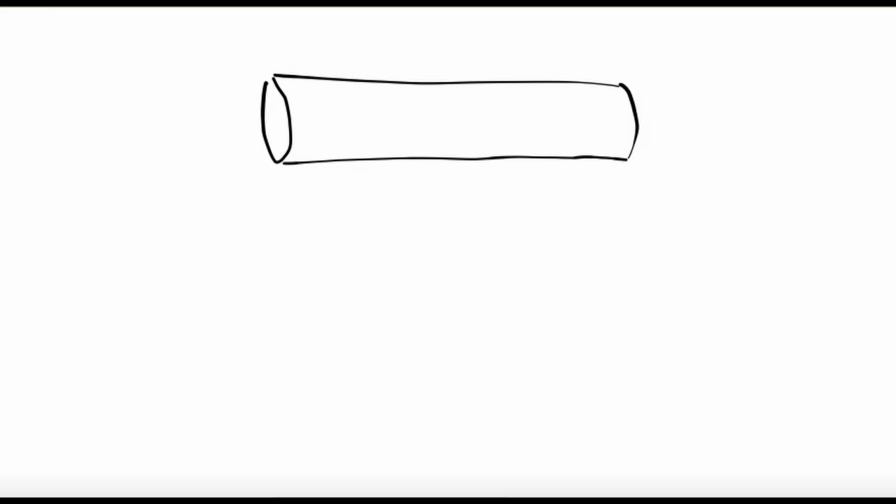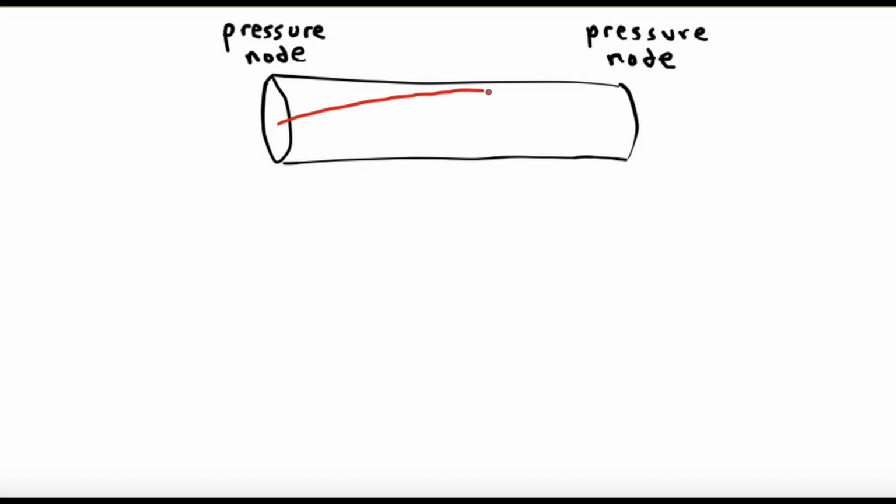you can have a node for pressure at the opening and at the other opening. And so you're allowed to have a single football as your wave when you have a tube that's open on both ends.